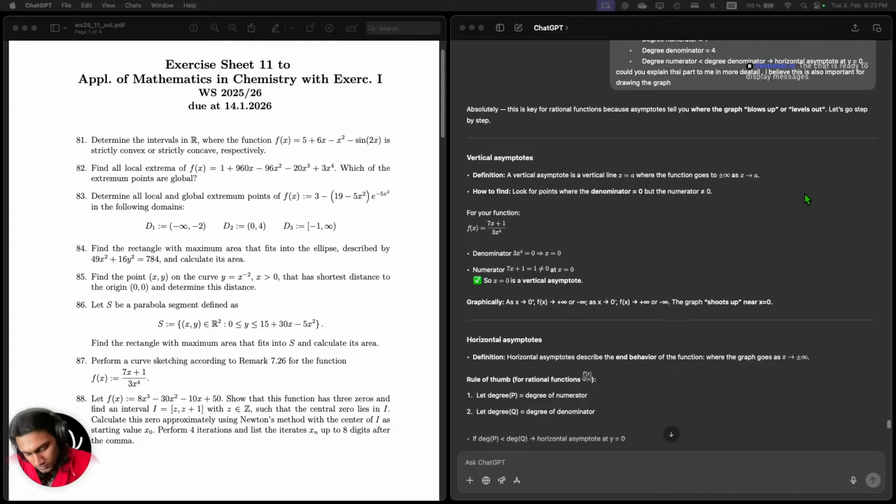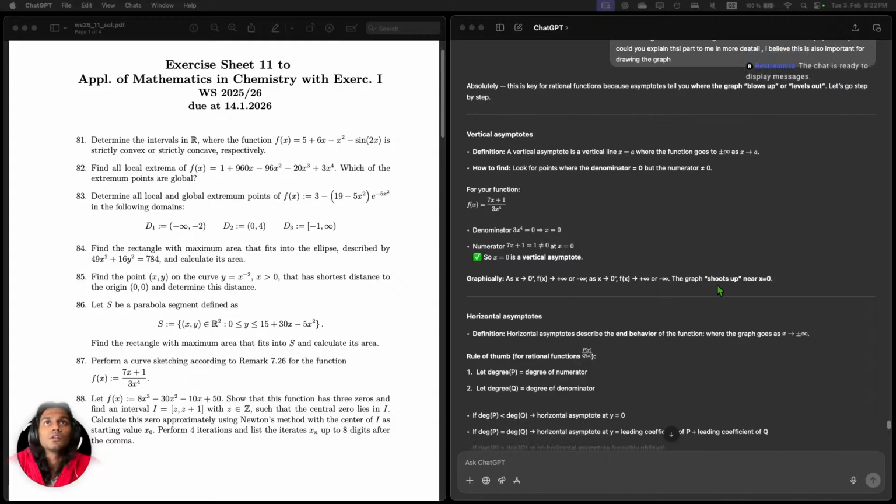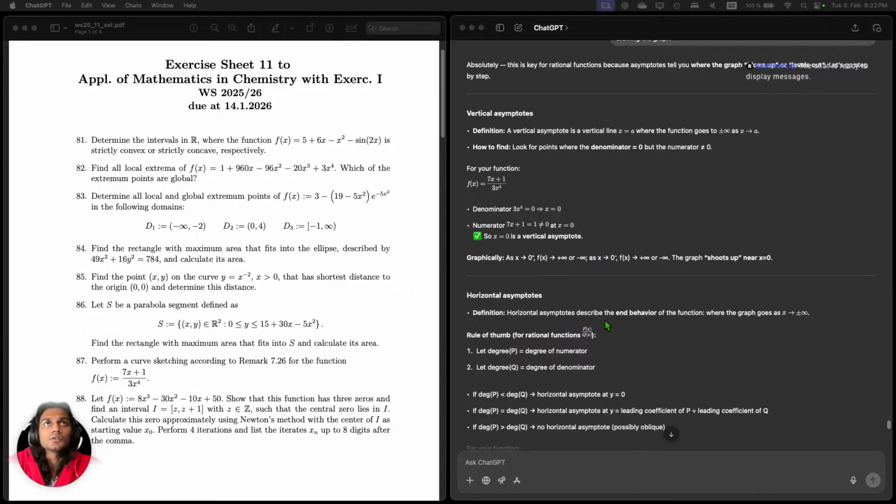Horizontal asymptote. A horizontal asymptote describes the end behavior of the function, where the graph goes.